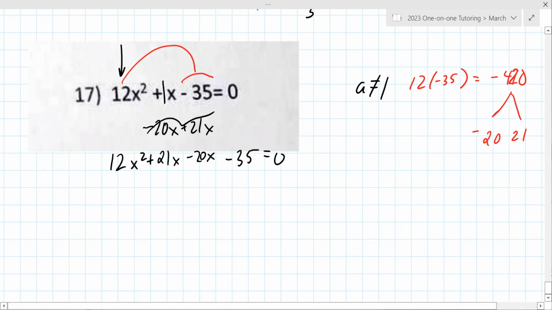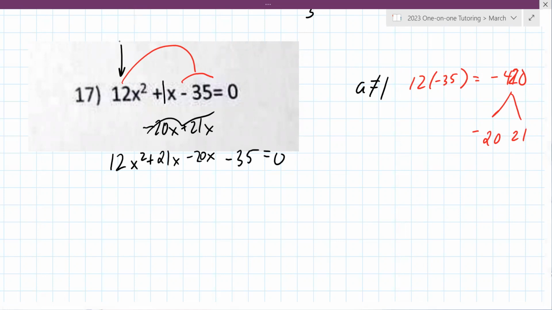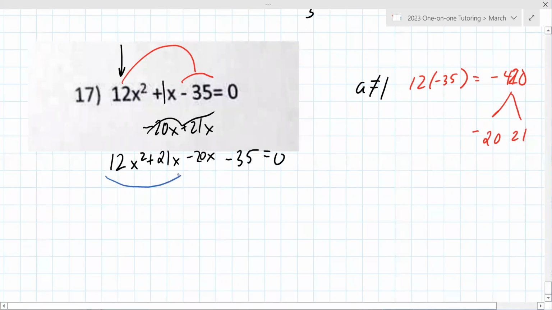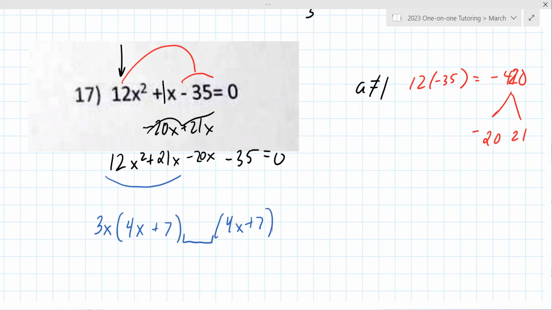All right, so now between 12x squared and 21x, you're looking for the GCF. It ends up being 3x, so 4x plus 7. And then you immediately write that over here on the right, and you have to figure out what goes in between them. It ends up being -5.